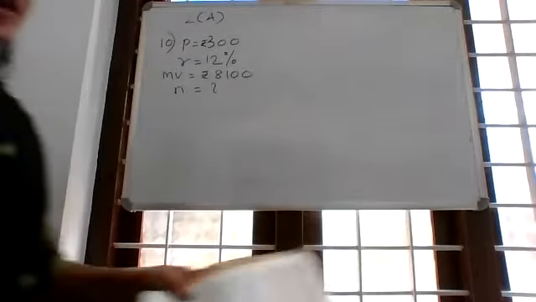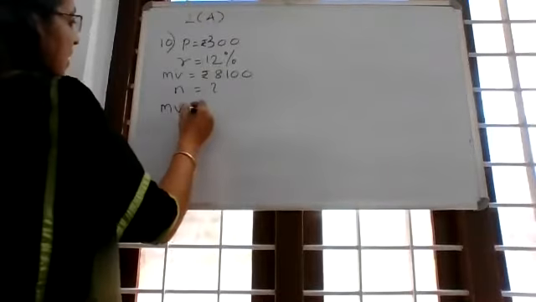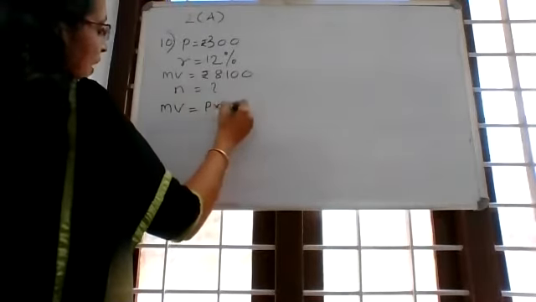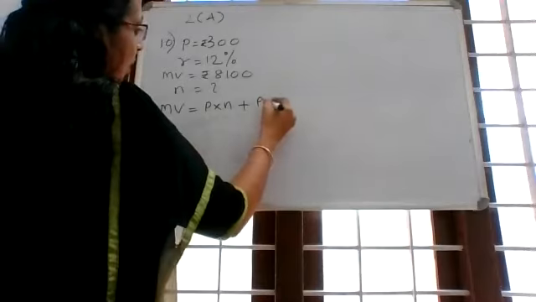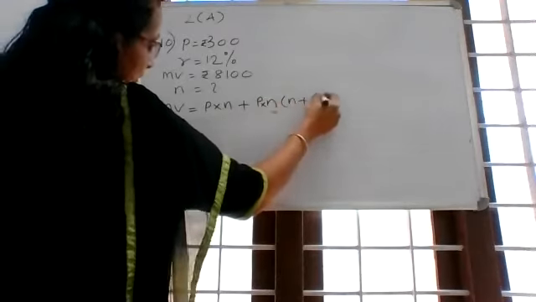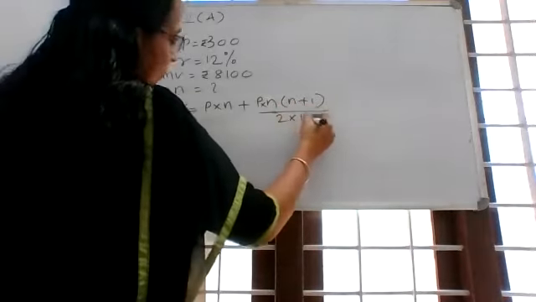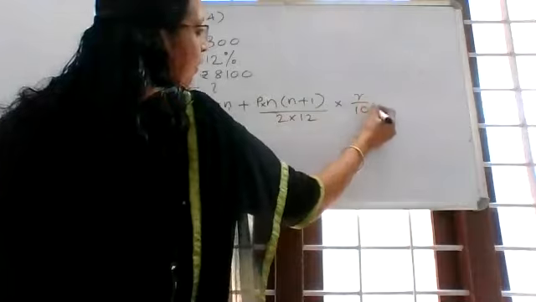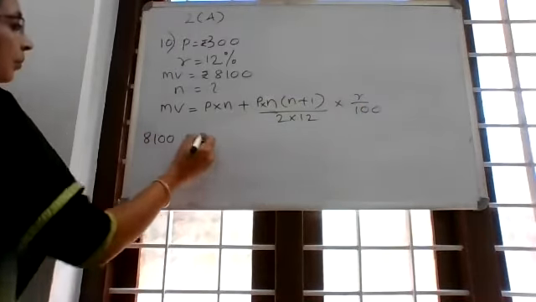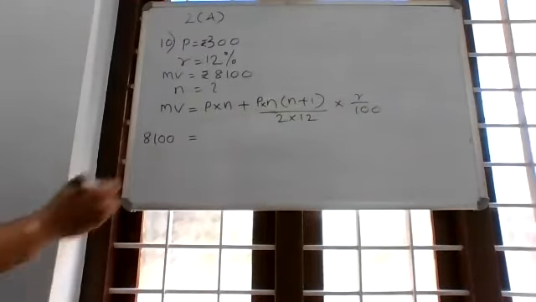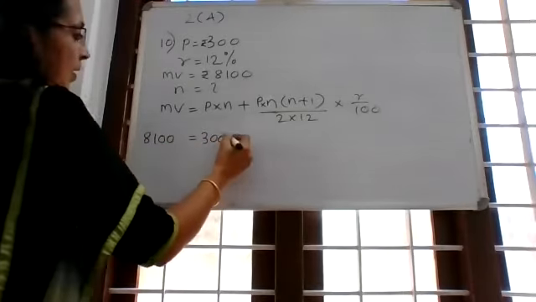Then start. MV is equal to P into n plus n into n plus 1 by 2 into 12 into R by 100. So 300 into n.